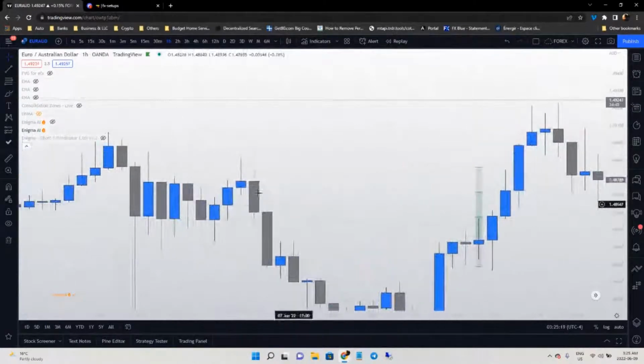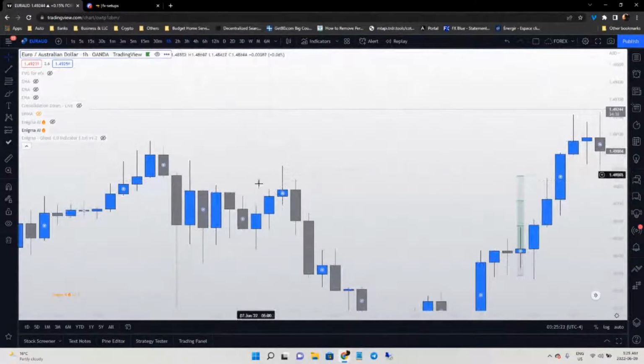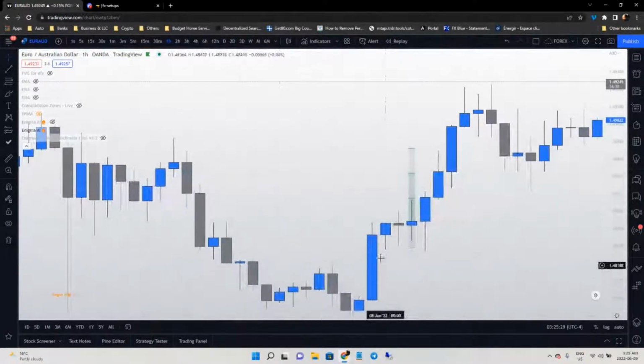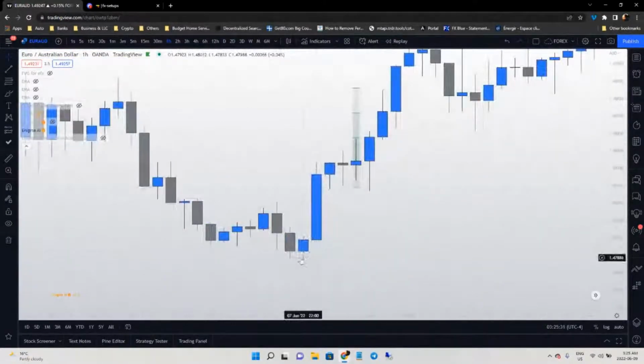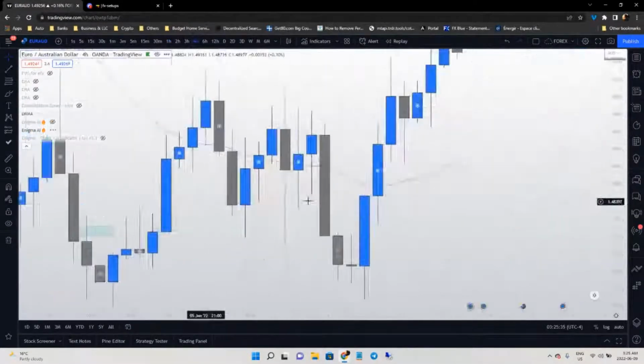Why? Because of market structure. We still had some liquidity here and here to fill, because it exhausted the price right here. So that was the low of the week.